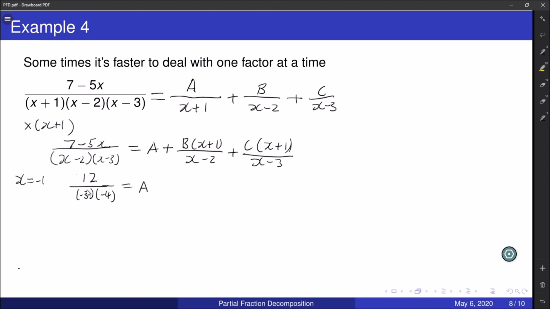So a equals 12 over 12. So a equals 1. Okay. Next one, we can do the same thing to get b.